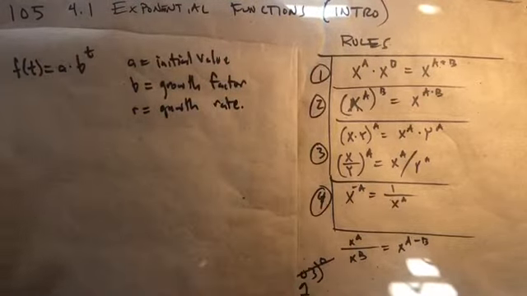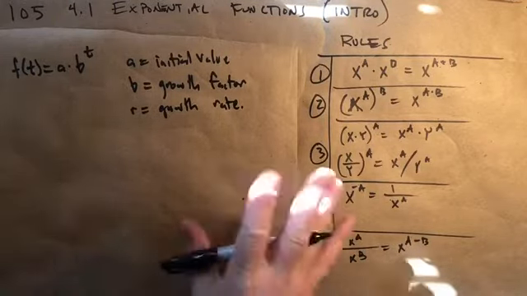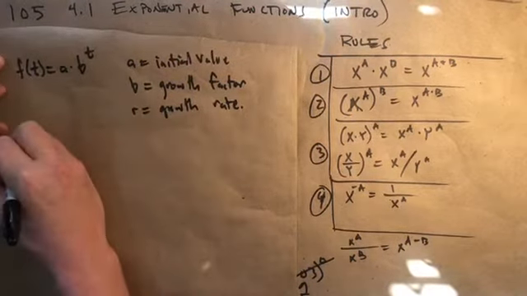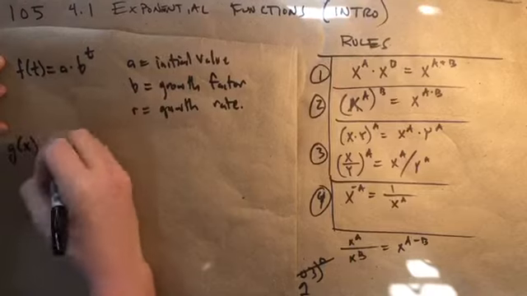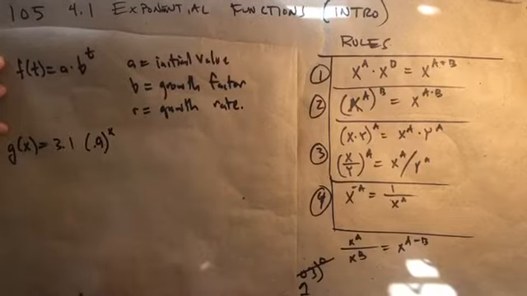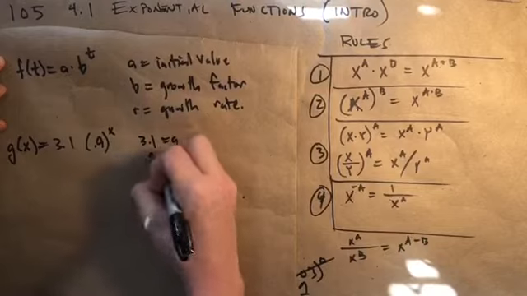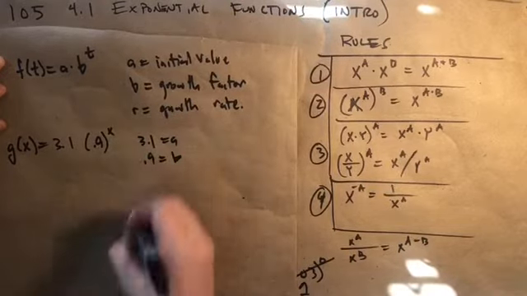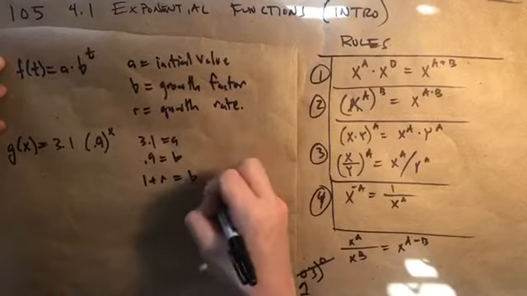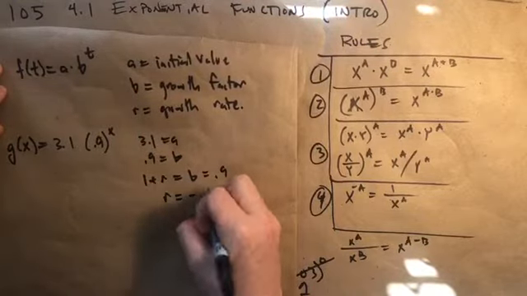Now, mind you, a growth rate can either be a positive or a negative value. But if I'm talking about a decay rate, I'm only going to want to discuss this in a positive way. So if I had something like this, g of x was equal to 3.1 times 0.9 raised to the x, we can see that 3.1 is equal to a, that 0.9 is equal to b, that 1 plus r is equal to b, and we get that 0.9, and we can subtract, and we can see that r is equal to negative 0.1.